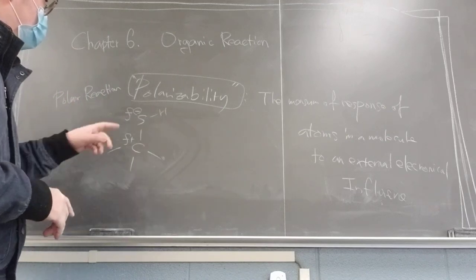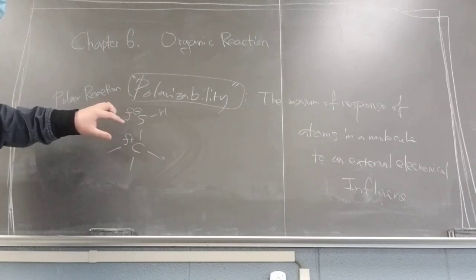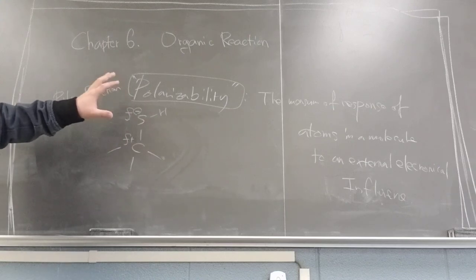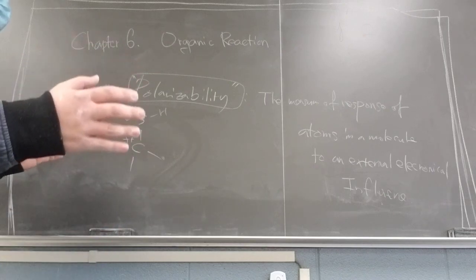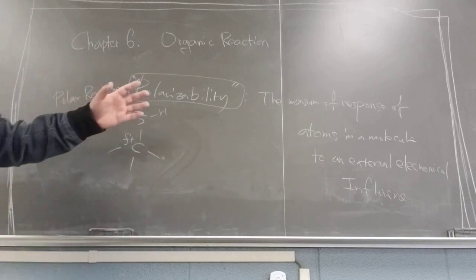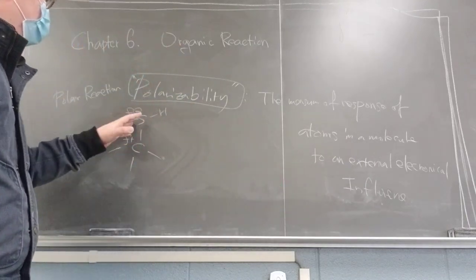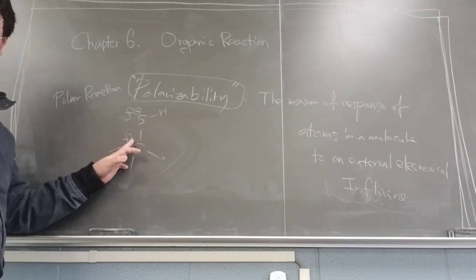So the bottom line is the sulfur is bigger. They have a lot more space to control the electrons, so they respond much more to the external electronic influence. They'll get more affected by it than the carbon.